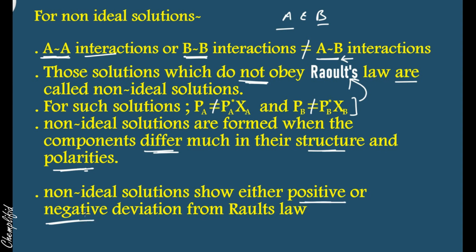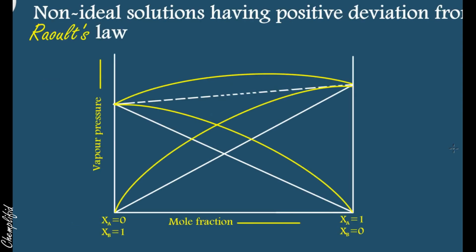These all statements were for non-ideal solution, and this particular statement is the definition for non-ideal solutions. Others just describe non-ideal solution properties. Now, our last statement is non-ideal solutions show either positive or negative deviation from Raoult's law. In today's video, we will talk about those non-ideal solutions which show positive deviation from Raoult's law.